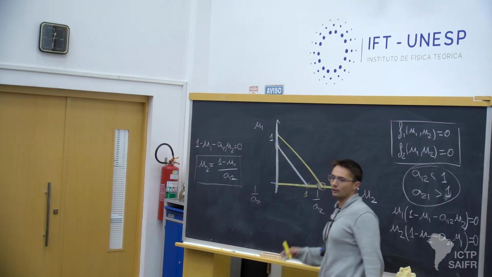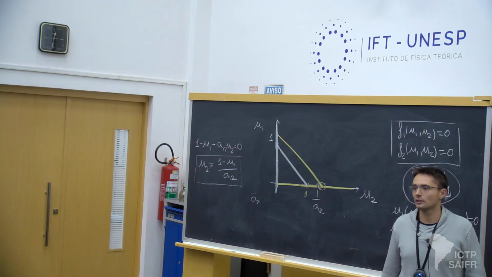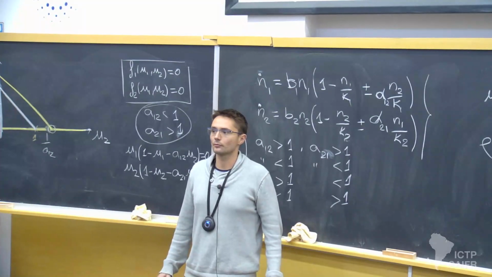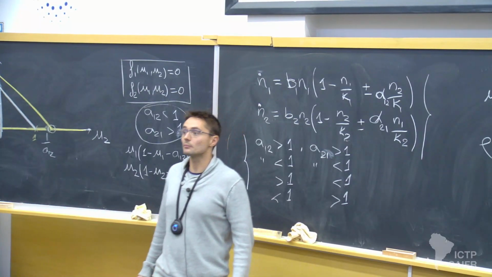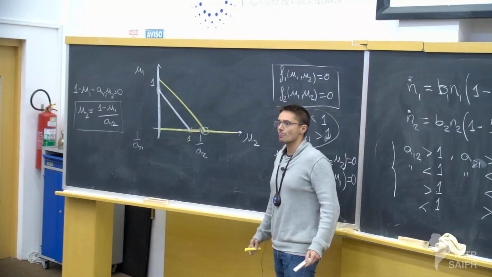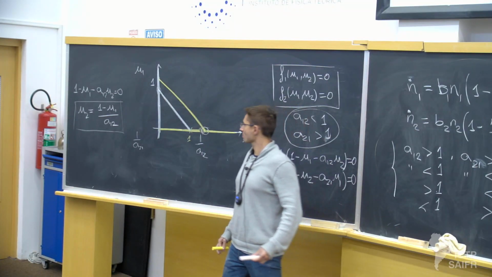So how can we identify the fixed points now that we have these lines drawn here? Where they intercept.